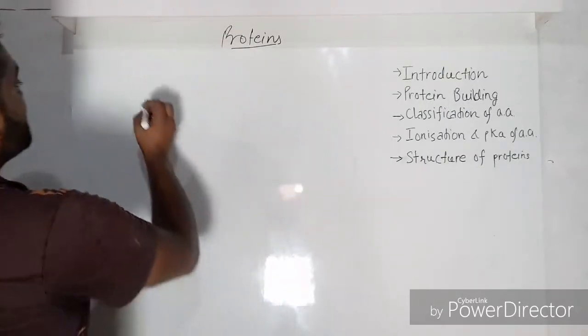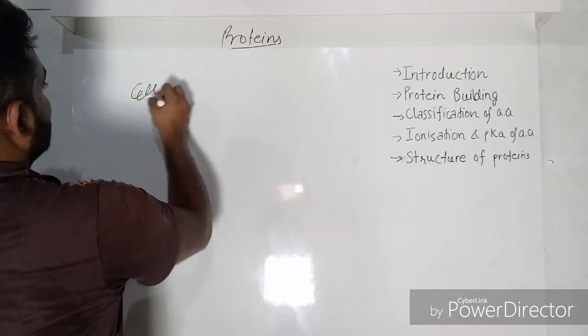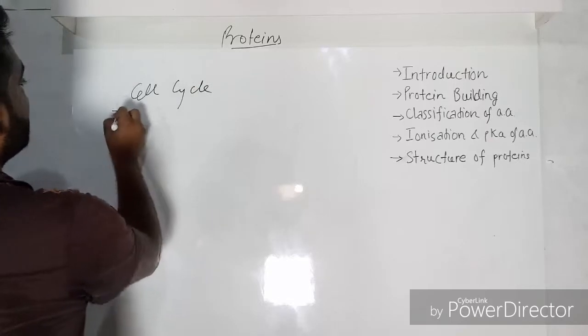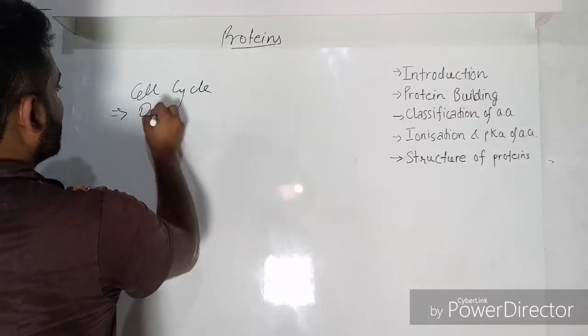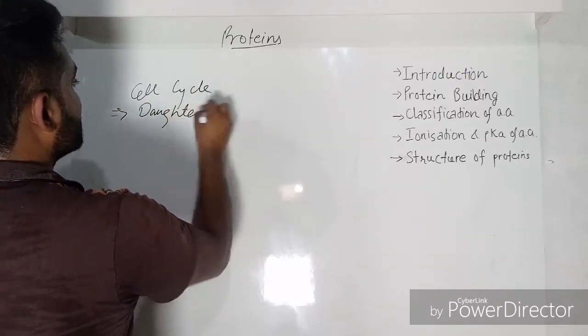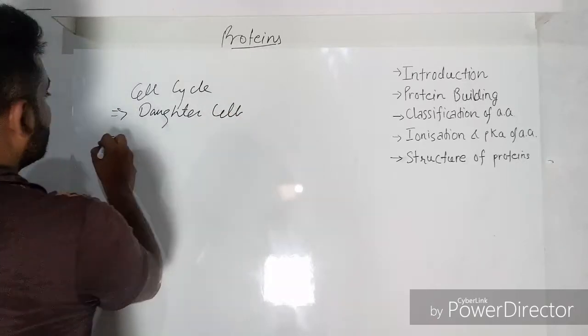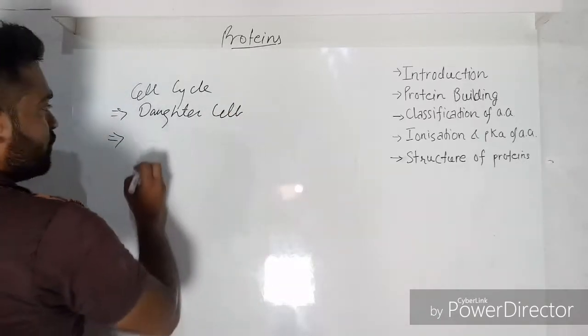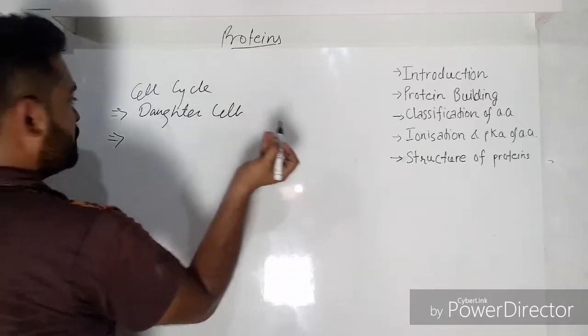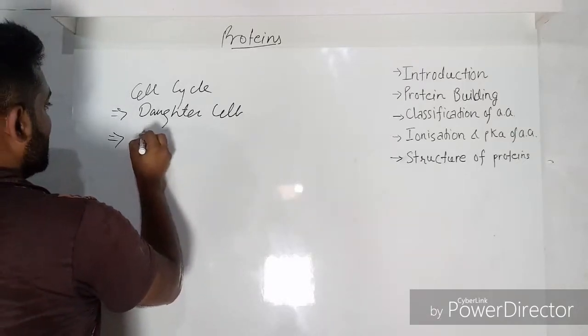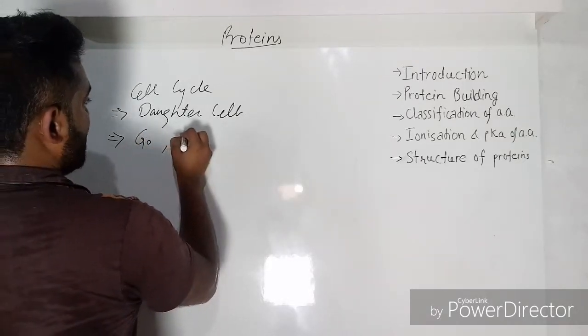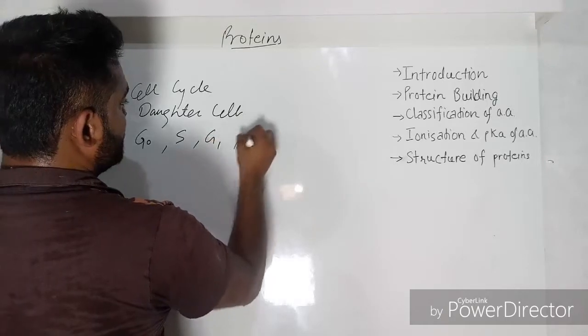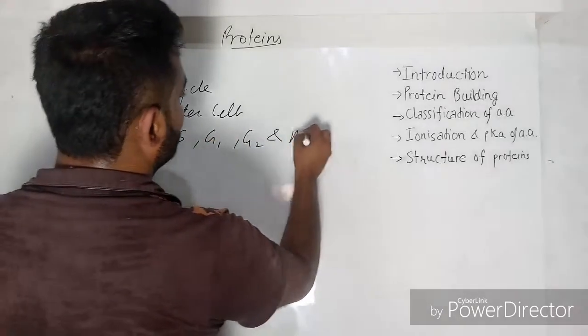Now we can take one more example from cell biology, the cell cycle. What is the cell cycle? A process in which daughter cells are produced. This cycle is comprised of a few stages or phases which are known as the G0 phase, S, G1, G2 and M phase.